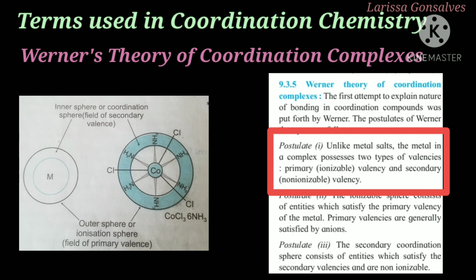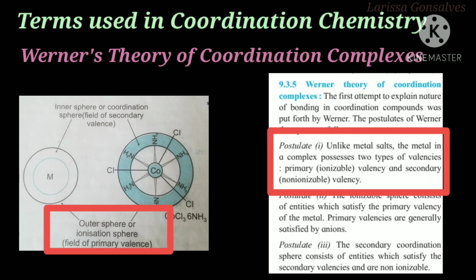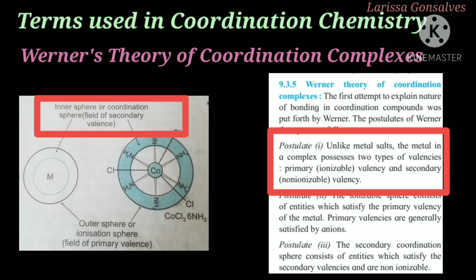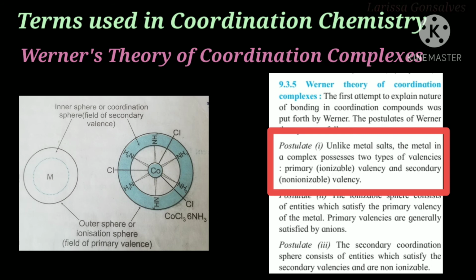The first is called the primary valency, which is ionizable, and the second is the secondary valency, which is non-ionizable. Basically, the primary valency is the oxidation state of the metal ion, and the secondary valency is the coordination number of the metal ion.